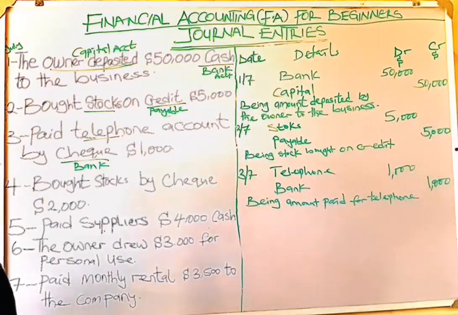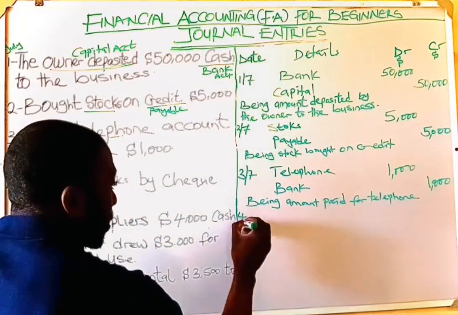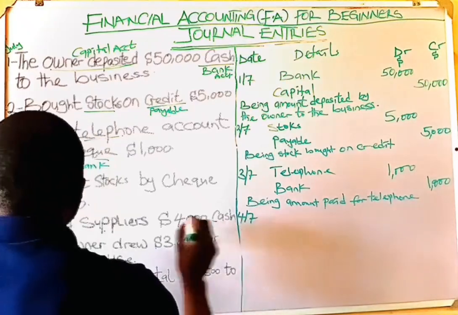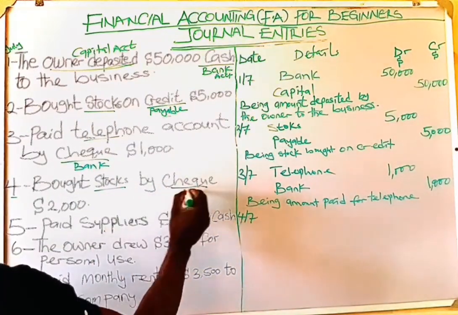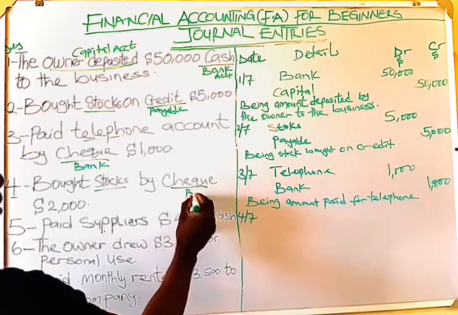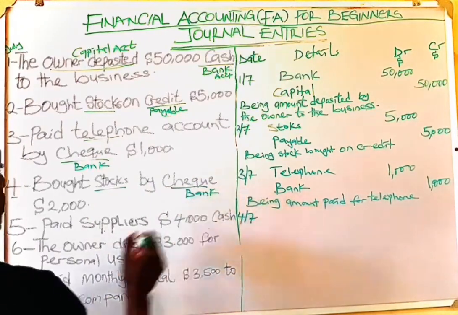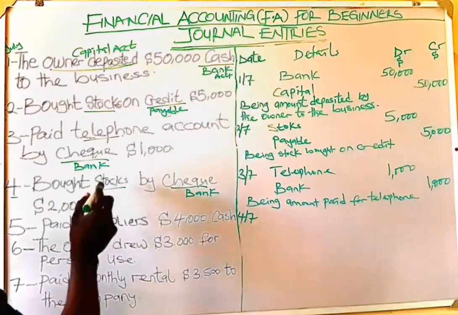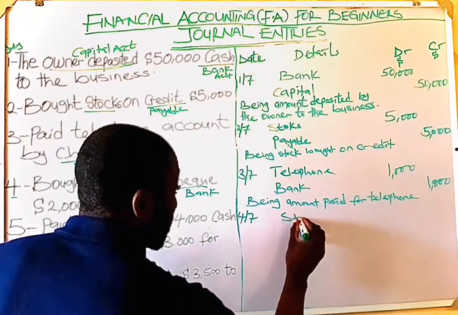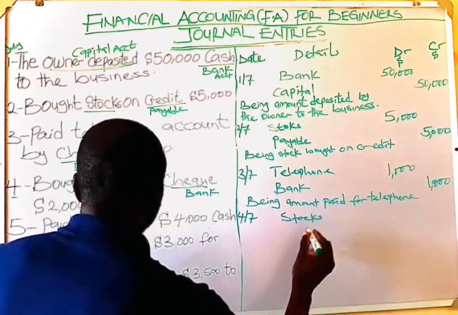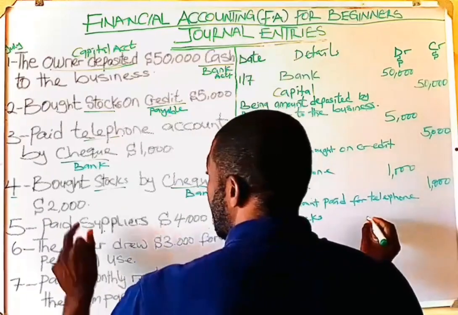Let's continue. Transaction 4. That is 4th of July, we say bought stock by check, stock and bank. Bank is the credit, stock we're receiving. You start with the stock, since it's a debit, stocks, and it's 2,000.